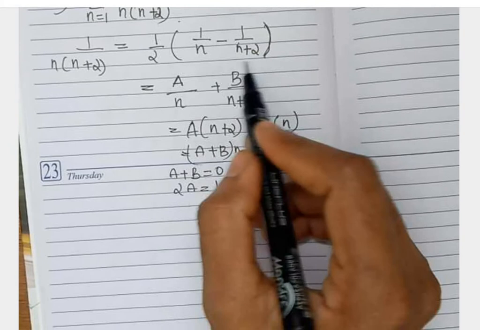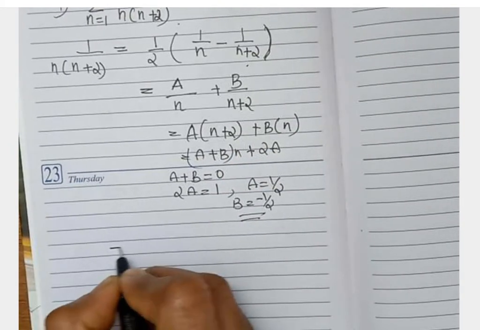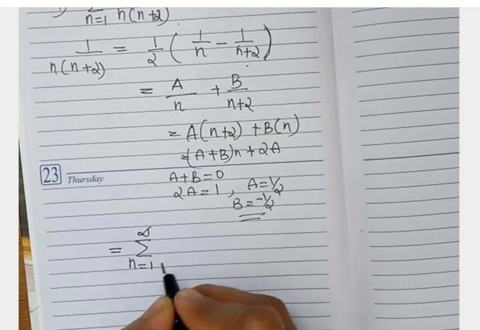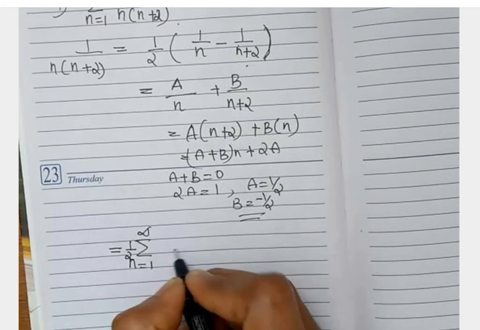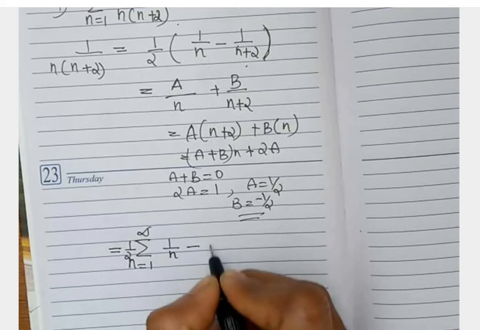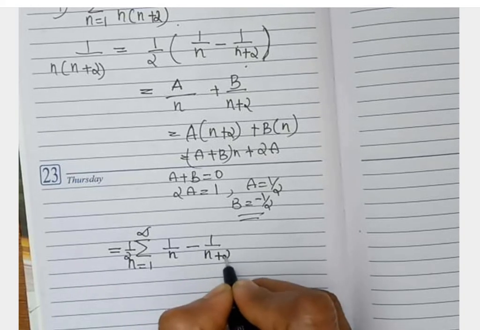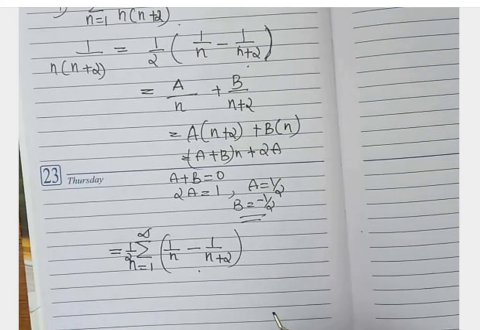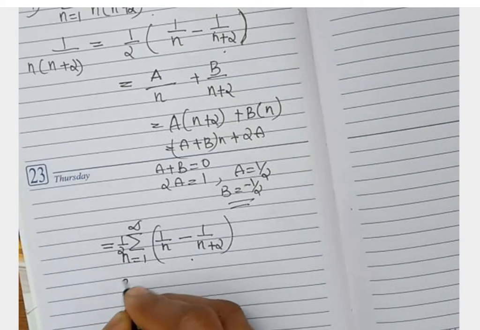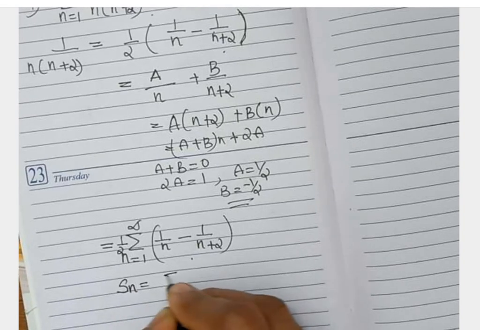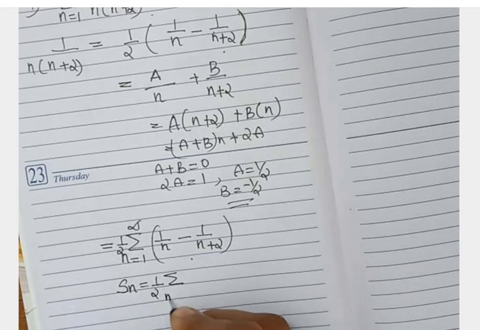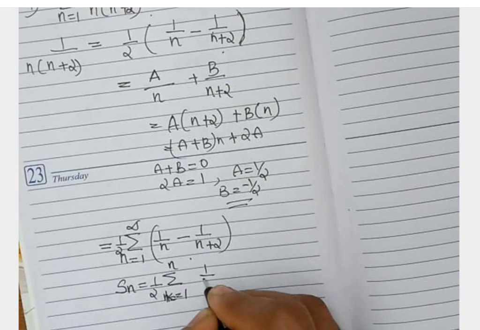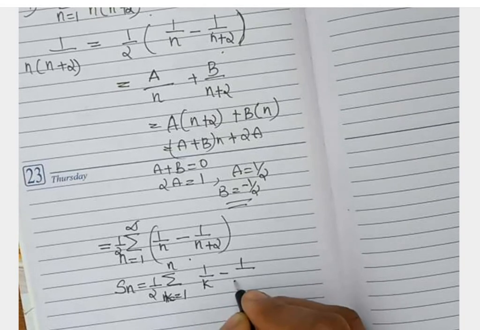So the series can be written as summation n equal to 1 to infinity, taking 1 by 2 outside, 1 by n minus 1 by n plus 2. So what will be Sn? Sn is equal to 1 by 2 into summation k equal to 1 to n of 1 by k minus 1 by k plus 2.